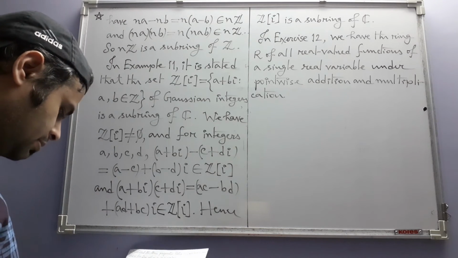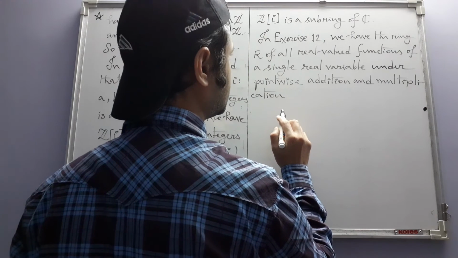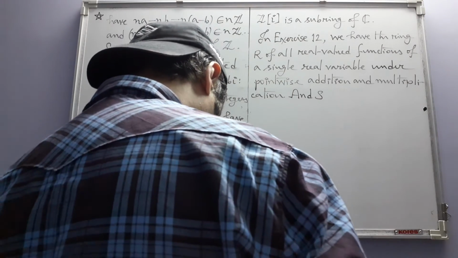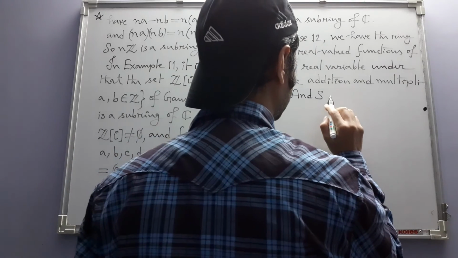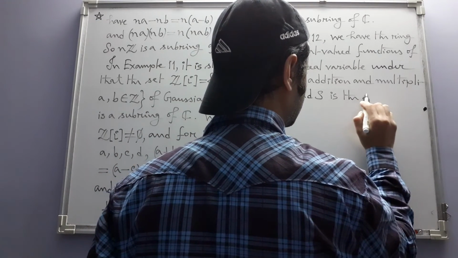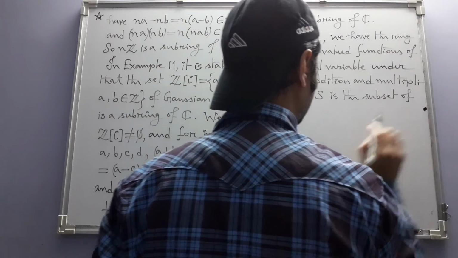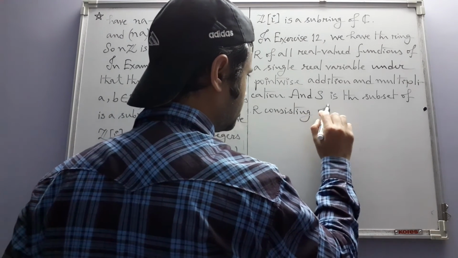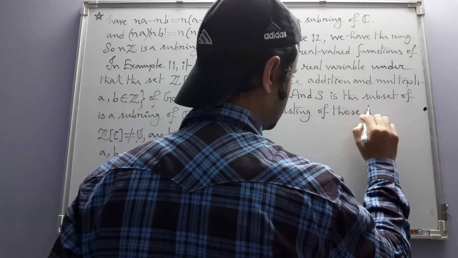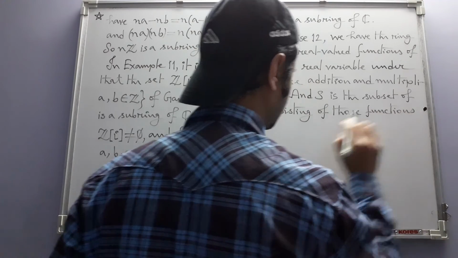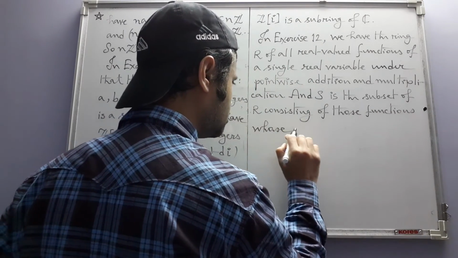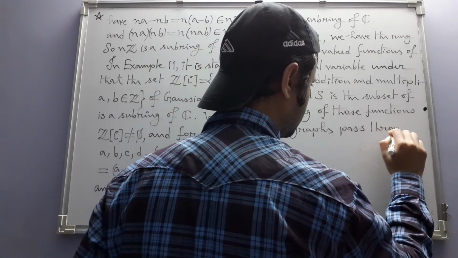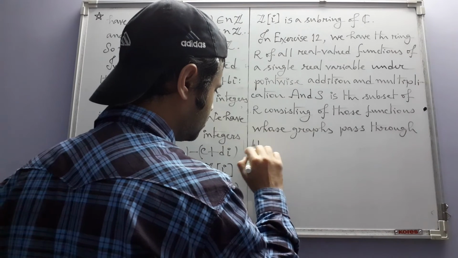Okay, and we have this subset. S is the subset of R consisting of those functions whose graphs pass through the origin.